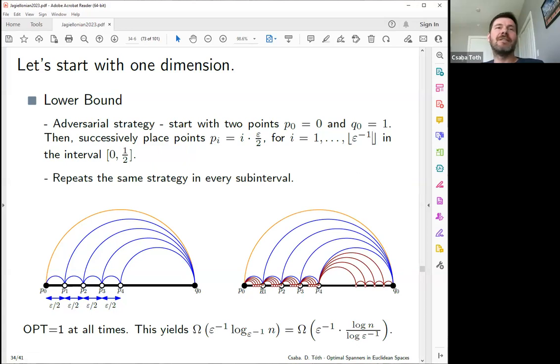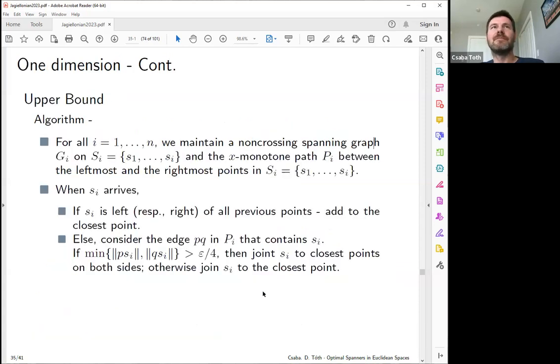Now, what is surprising, and for me it was surprising, is that this is optimal, so there is an algorithm that I can explain. The analysis is longer. It's not on the slide. The algorithm has to maintain a 1 plus epsilon spanner at all times.